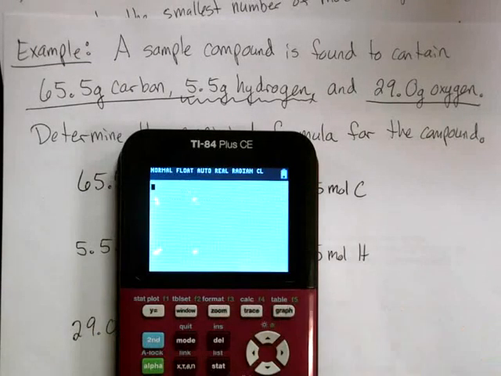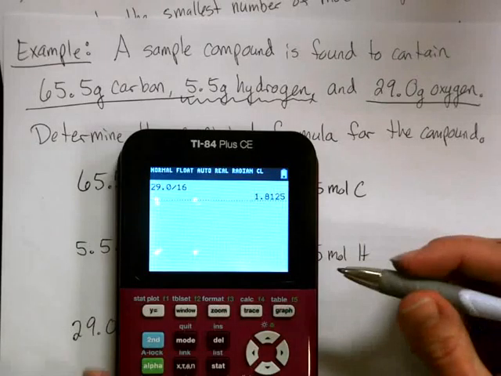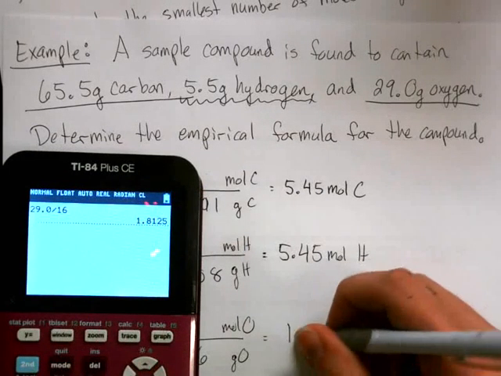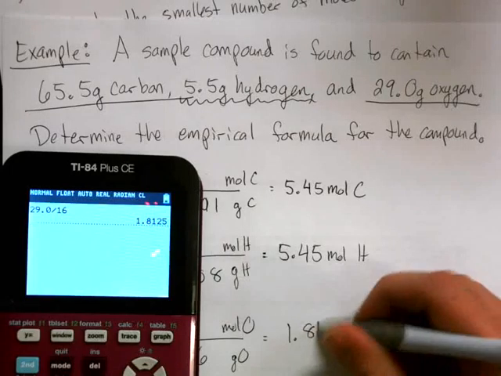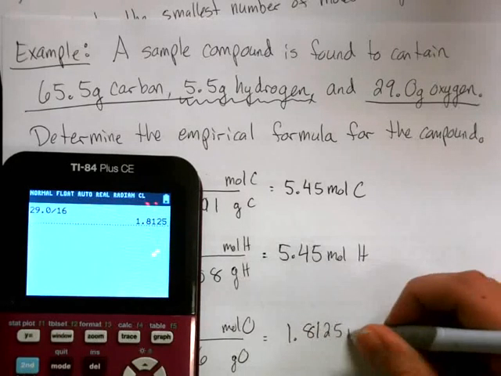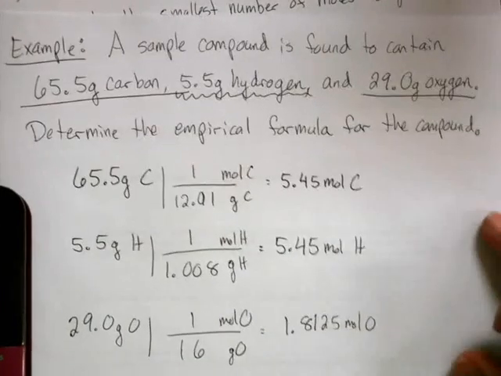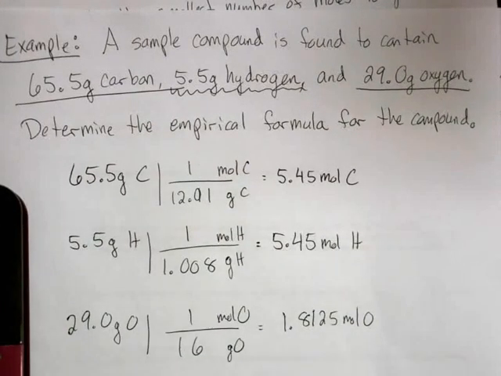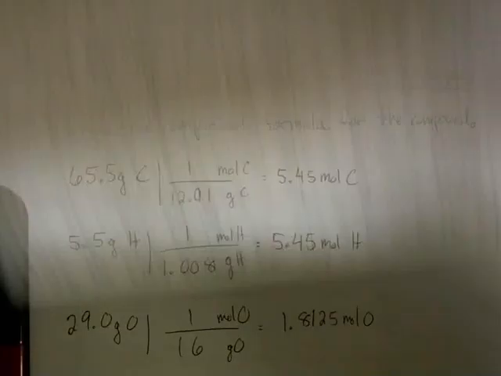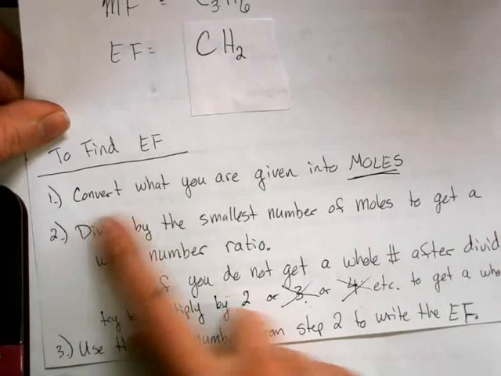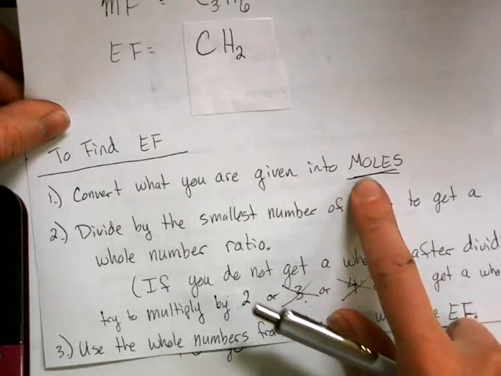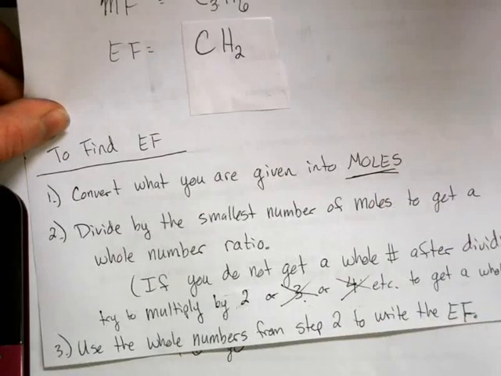You can also use 15.99. So I'm going to take my 29.0 divided by my 16. It gives me 1.8125 moles of oxygen. And I gave a lot more digits there, sorry. That is the first step for my empirical formula. Convert what you're given into moles.